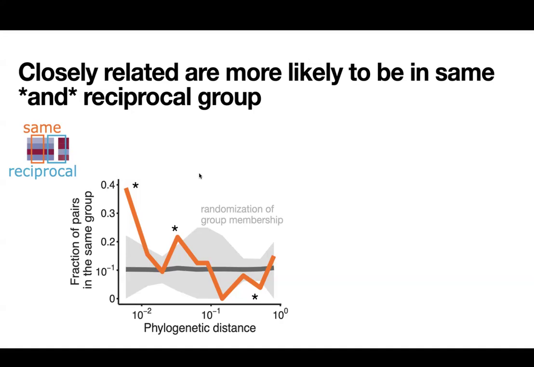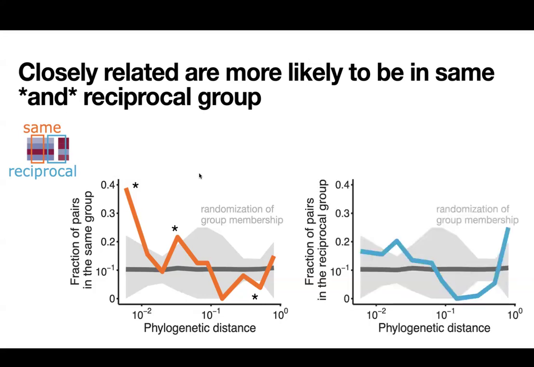And what we find is that pairs of species that have a small phylogenetic distance tend to be in the same group, so tend to have the same response to this attractor, the same profile. And then we can repeat for reciprocal groups. And what we find is that similar species also tend to be in reciprocal groups, so they tend to have the opposite preference.